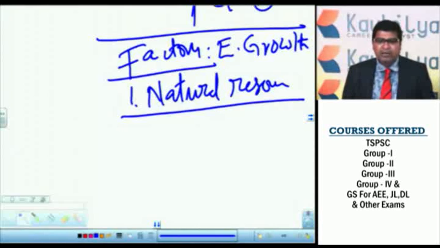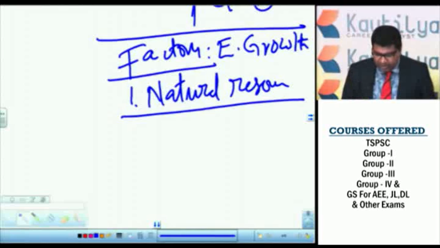India has rich natural resources, but is still considered an underdeveloped country. Though India has rich natural resources, it is not in a position to exploit the resources to the optimum level.